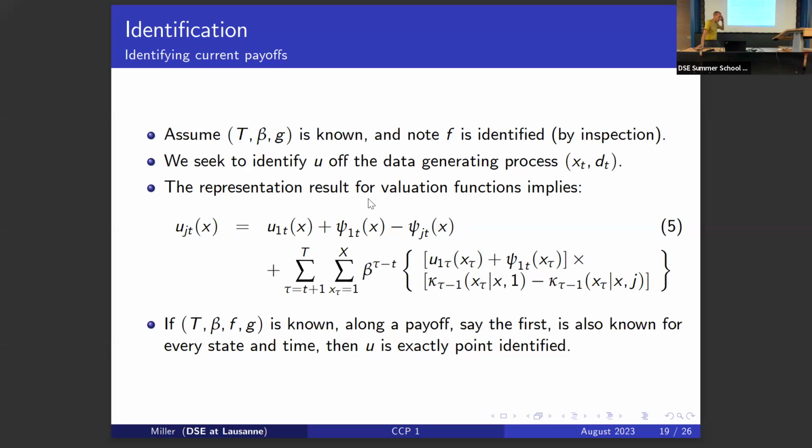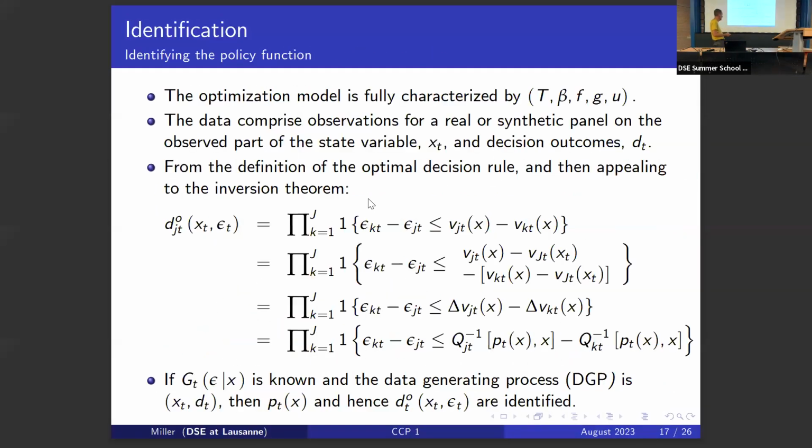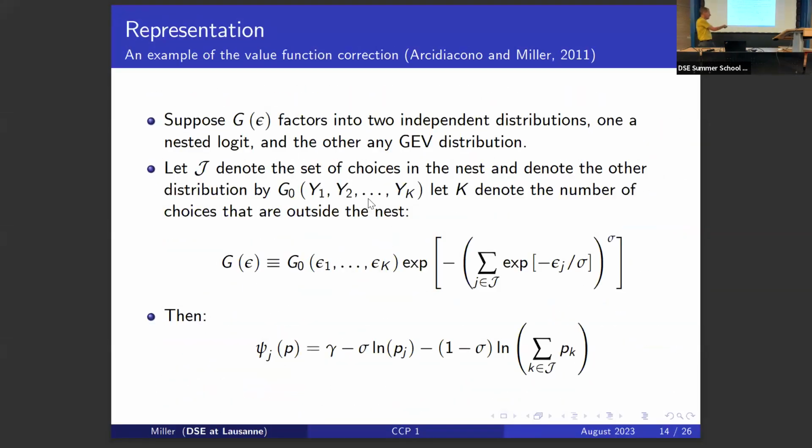Let me say there's another aspect to this, which relates to the disturbances that I was talking about before. I went through the nested logit case, and there was a sigma there because we wanted to look at this correlation between the nests right here. Okay. Well, do we know the sigma? Well, typically we don't in these kinds of models. We want to estimate it.